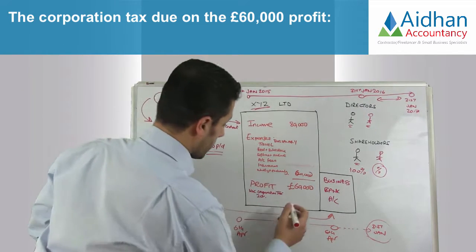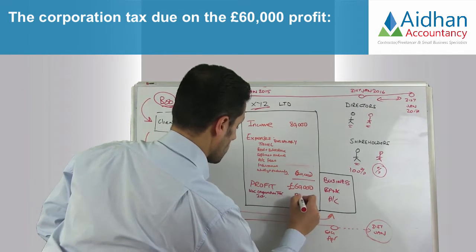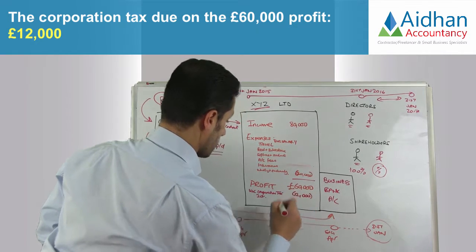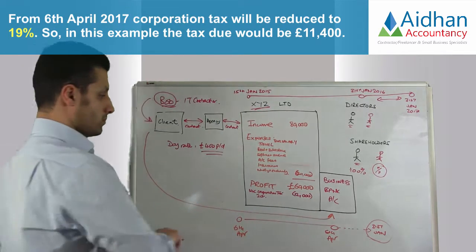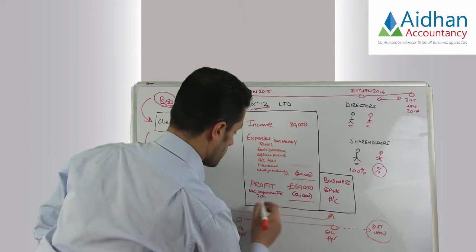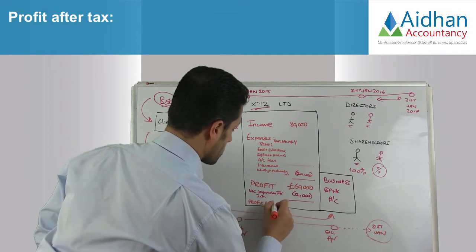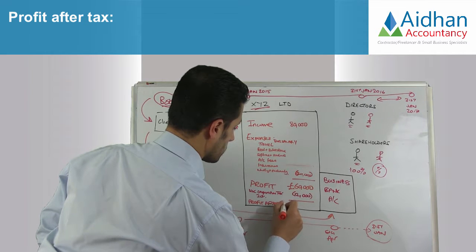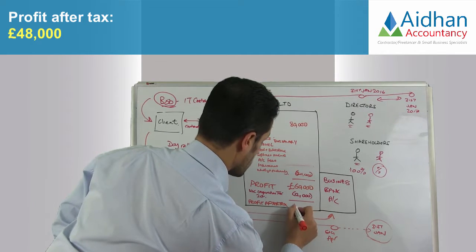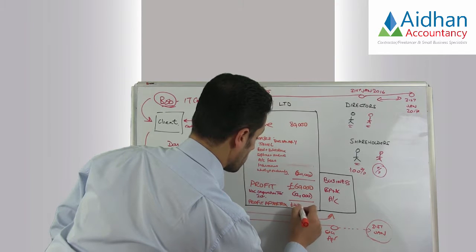So on £60,000, okay, there is a £12,000 tax bill, which means there is profit after tax of £48,000.